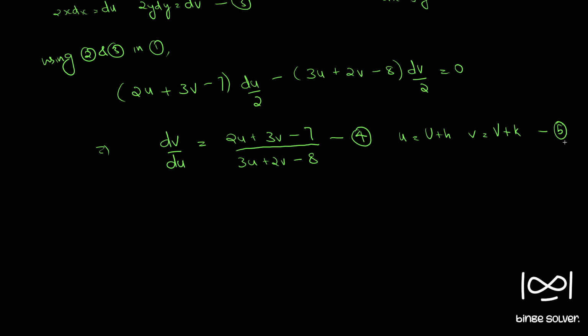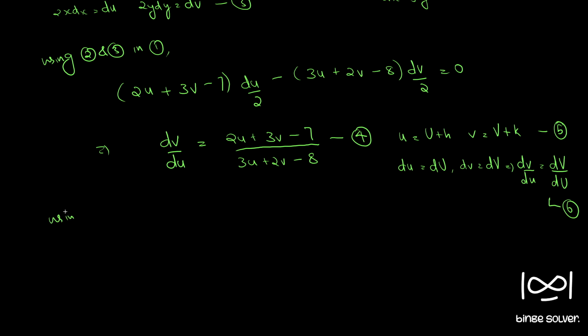Now differentiating equation 5, we have du = dU and dv = dV, or dv/du = dV/dU. To avoid confusion, this is small v. Let's call this equation 6.